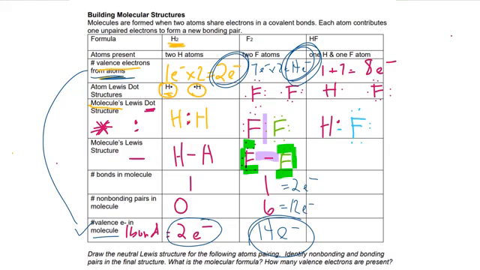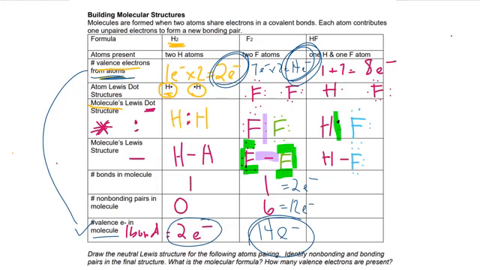So we can see right here that those unbonded electrons align to form that bond. So its structure is going to be F with 1, 2, 3, 4, 5, 6, 7, and H, boom.